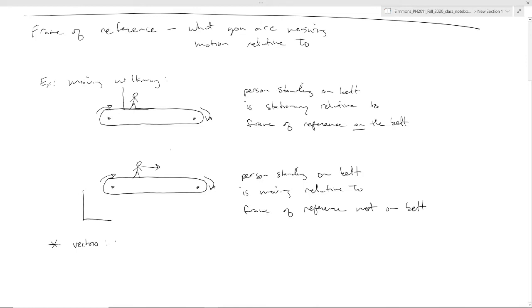You can think of these as numbers with size, which I'll call magnitude, and direction. And we'll get into some important examples of vectors in a second.